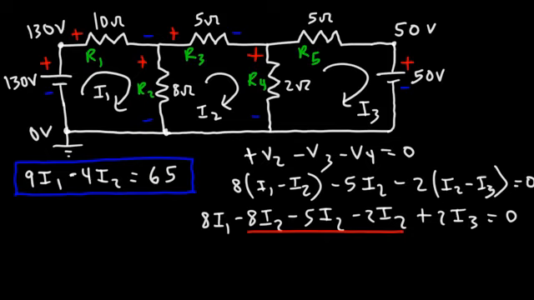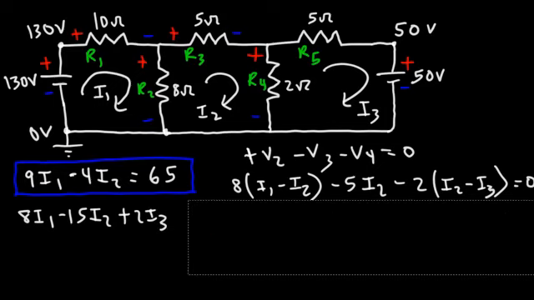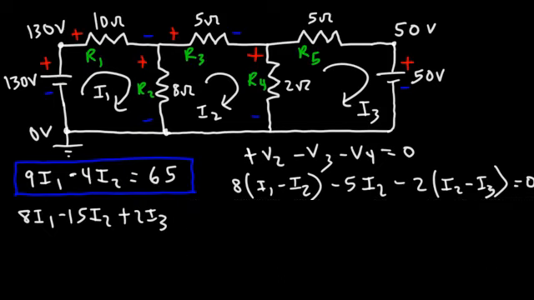Negative 8 minus 5, that's negative 13, minus 2, that's negative 15. So we have this formula, 8I1 minus 15I2 plus 2I3, all of that is going to equal 0. So we'll save that for later.